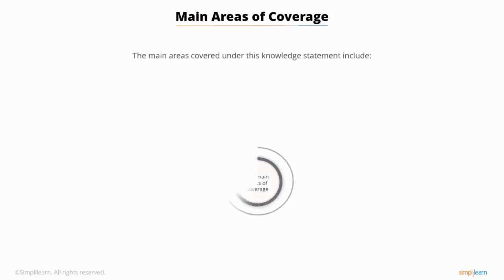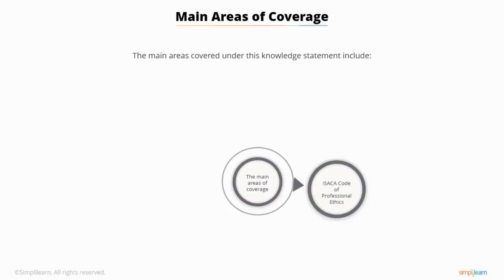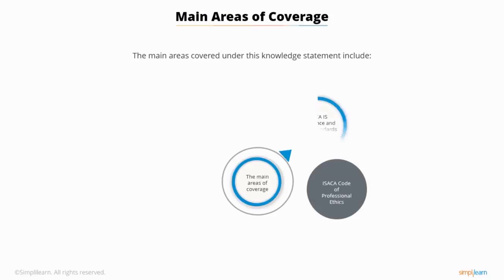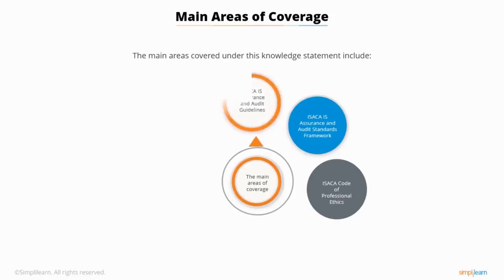Now the main areas that are covered under this knowledge statement include first and foremost the CISA Code of Professional Ethics. That's important to keep in mind because CISA will emphasize this in the CISA exam. You need to know the Professional Ethics Code and be able to apply it to scenarios that you're given. The CISA Information Systems Assurance and Audit Standards Framework, as well as Information Systems Assurance and Audit Guidelines, will be covered, but in less detail than the professional ethics.